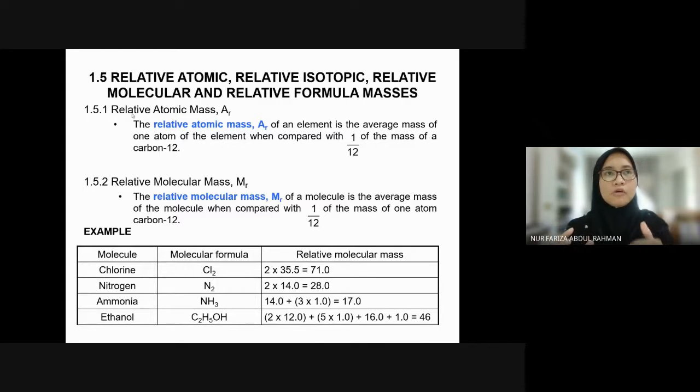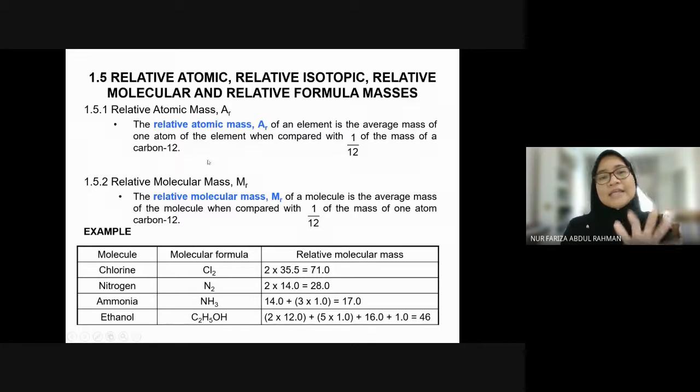For example, you are comparing the mass of a sodium atom with the mass of carbon, to be specific, a carbon-12 atom. So this is the reference, the standard unit that we use to determine the atomic mass of the element. We are actually comparing with 1/12 of the mass of a carbon-12 atom.